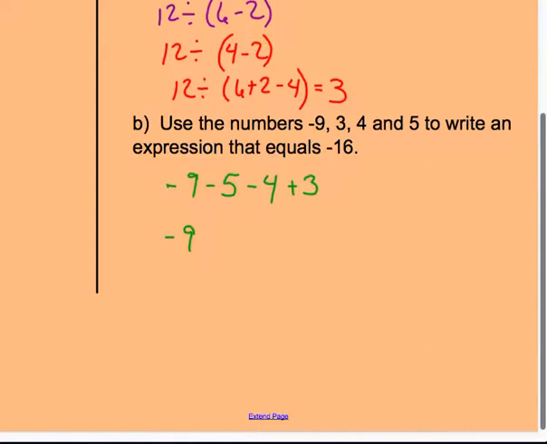Maybe if I subtracted, I don't want to subtract too much, so I'm going to take the two smaller numbers. 3 times 4, that gives me 12. If I add back on the 5, where do I get? Negative 9 minus 12 plus 5. Negative 9 minus 12 is negative 21. Adding back on the 5 does give me a negative 16.